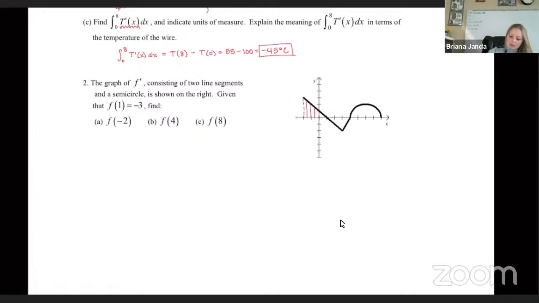Our first shape, if I connect my function to the x-axis, would be that triangle up there. Let's see, its base is 3, height of 3. 3 times 3 is 9, half of 9, so we're looking at an area of 4.5.